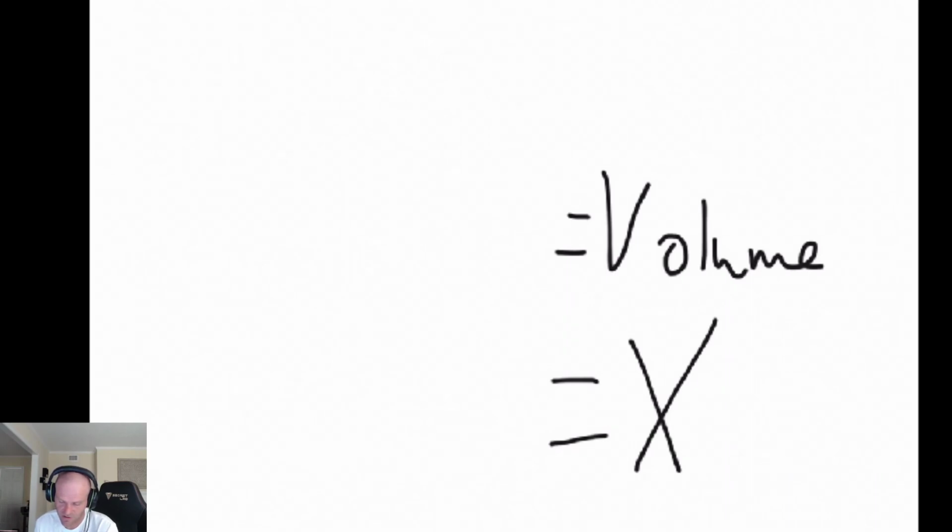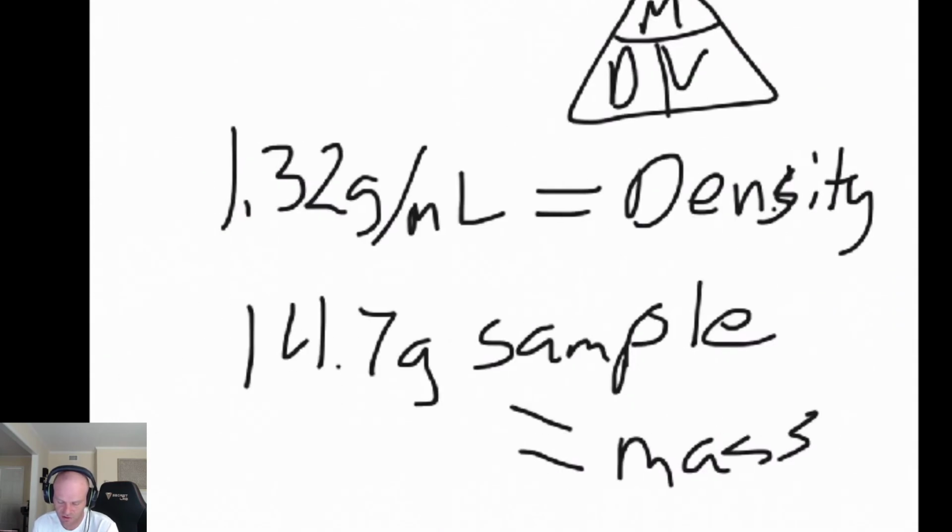So let's erase that and put milliliters. Now back to our triangle. I'm solving for volume, so imagine I'm covering up the V. M over D is what I'm going to do, mass over density.